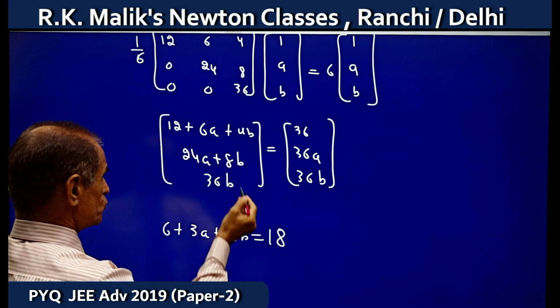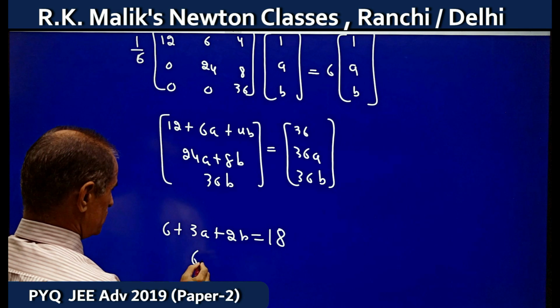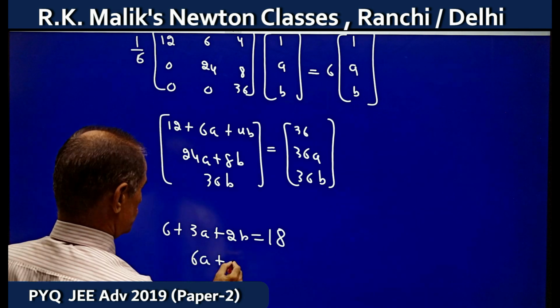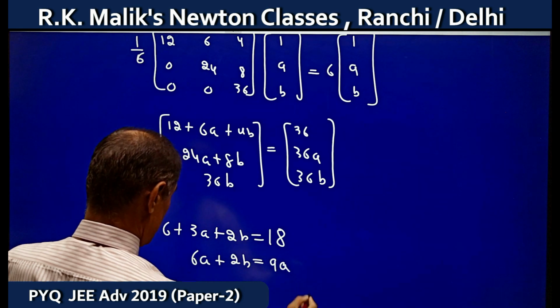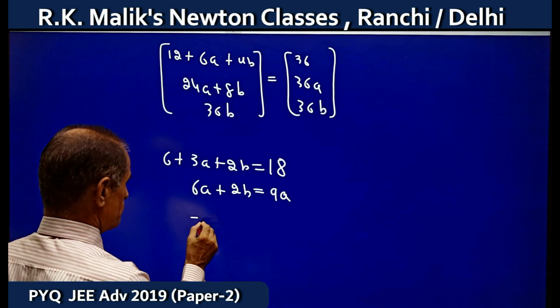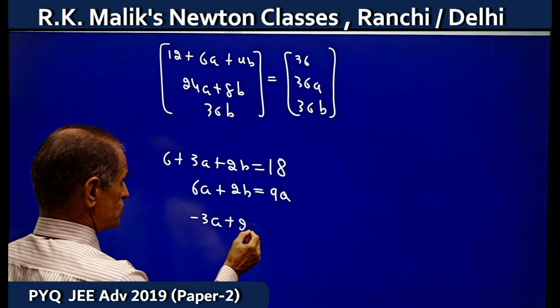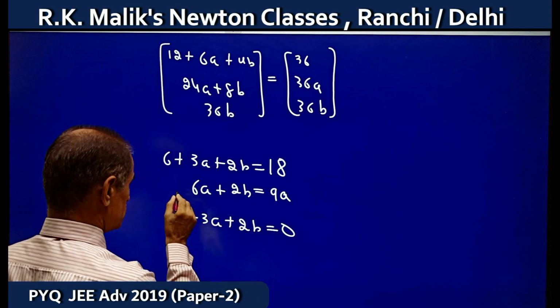And equating these two, I get 6A plus 2B equal to 9A. That is, I get minus 3A plus 2B is equal to 0.